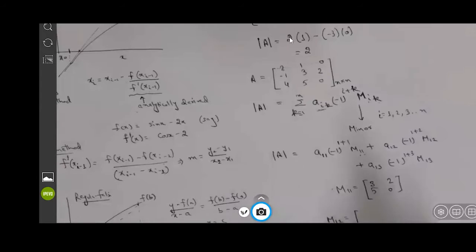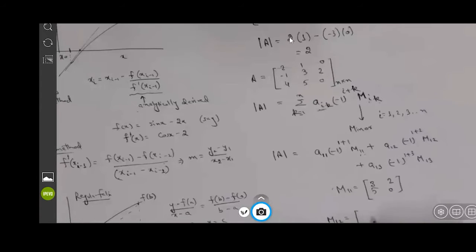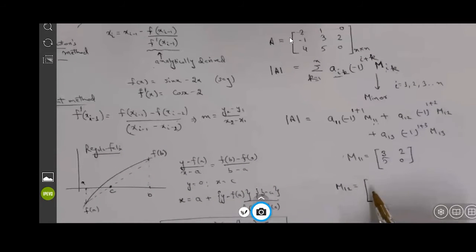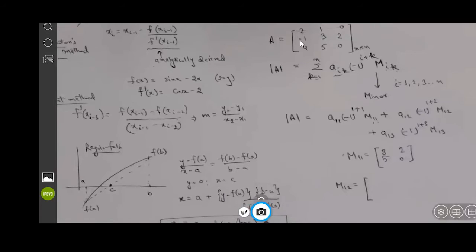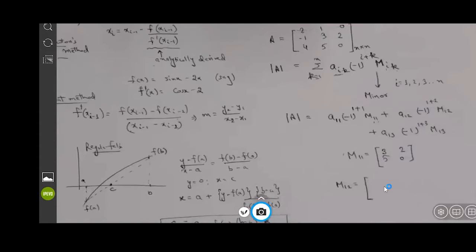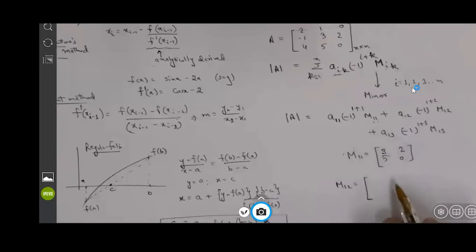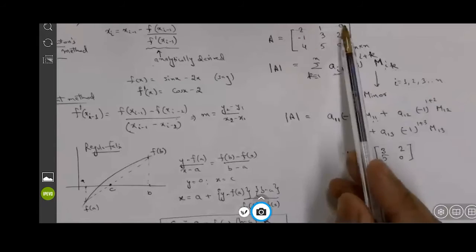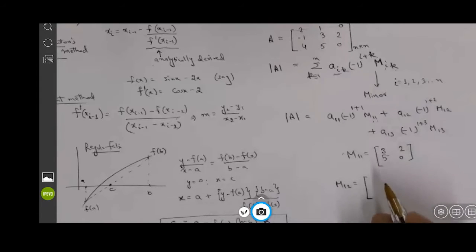Can you help me to find out what M12 would be? I believe your mic may not be working, so you can say what the elements should be, and I can write it down. What should be the first element? Minus 1, 3. Okay, first row, second column, minus 1, 2 actually.